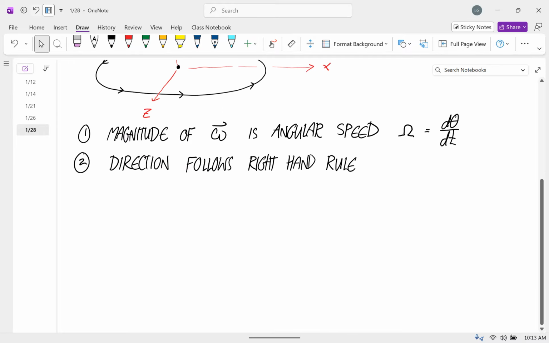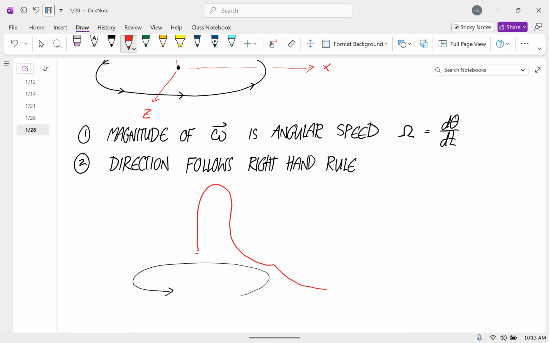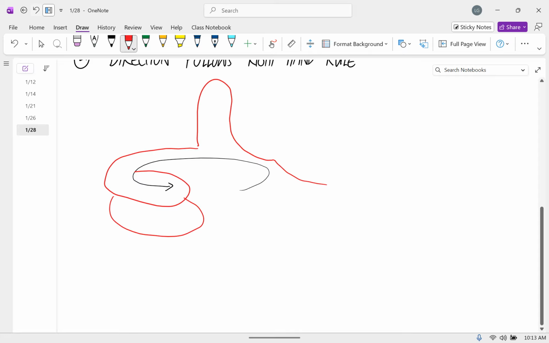So let's see, for something going around in this direction, the right-hand rule says, curl your fingers in the direction of the circular path.